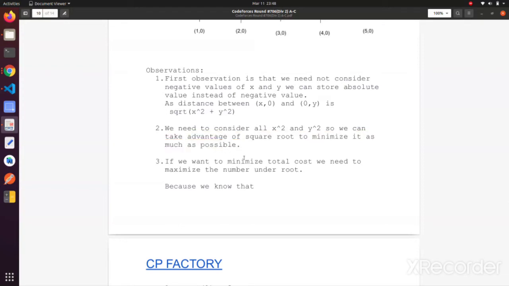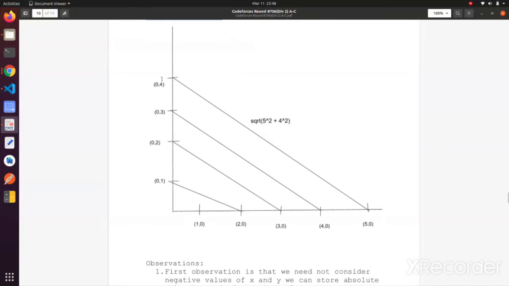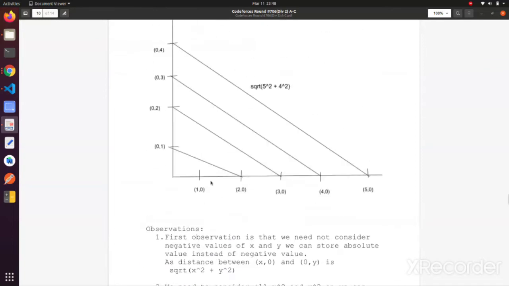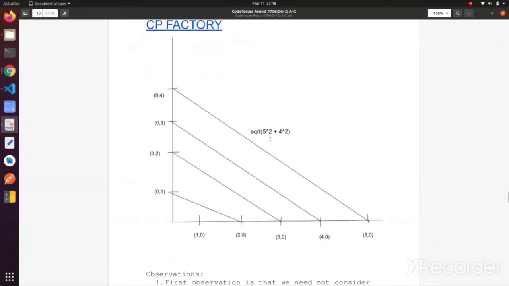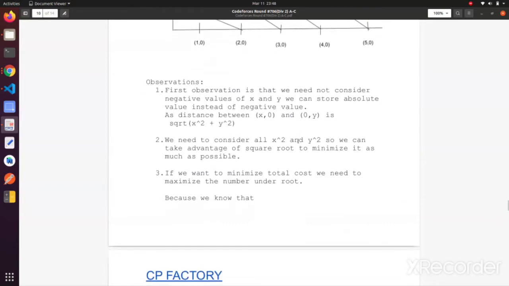What we can do is put the maximum value we can obtain from this distance part under the root. The maximum distance is the distance between (0,4) and (5,0) among these points. If we put this maximum part under the root, suppose 16 plus 25, that is 41, then the root of 41 is around 6 point something.